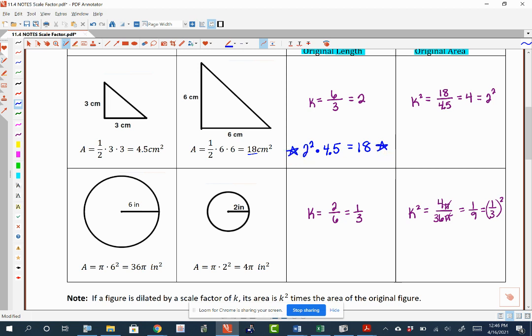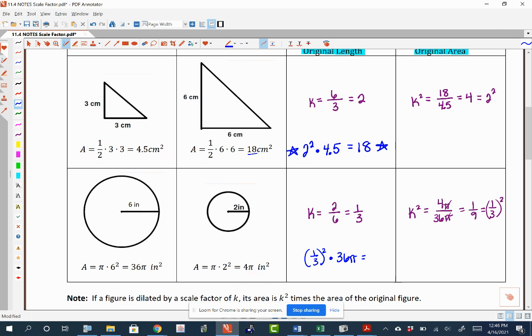That's an interesting thing, using those scale factors. Let's try it again with the circle. If we want to find the area of the dilated shape, we take the scale factor K squared, which would be 1/3 squared, times the area of the original, 36 pi, and we are supposed to get the dilated shape area, 4 pi.